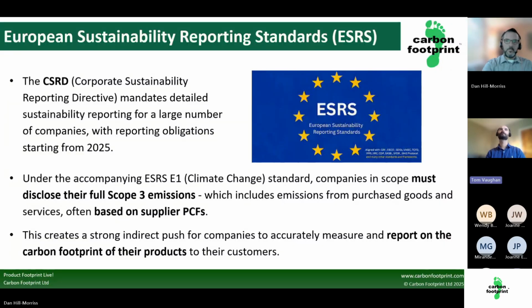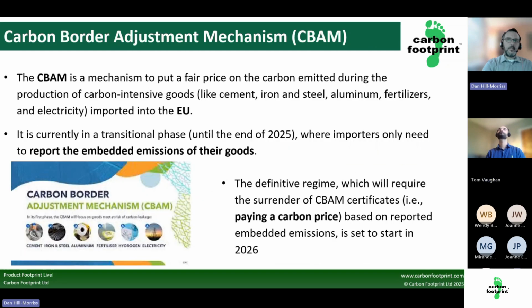Yeah, exactly. Okay. Sticking in Europe for a moment, we've also got CBAM, the carbon border adjustment mechanism, again touched on in the last session. This is the mechanic to close the loophole in the existing ETS that is found from importing goods, essentially.